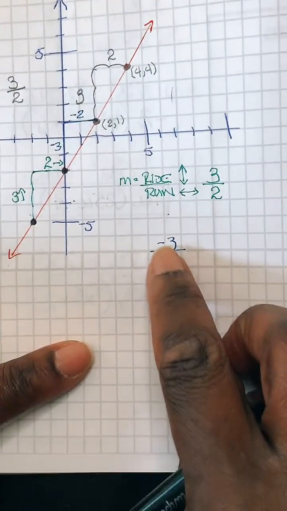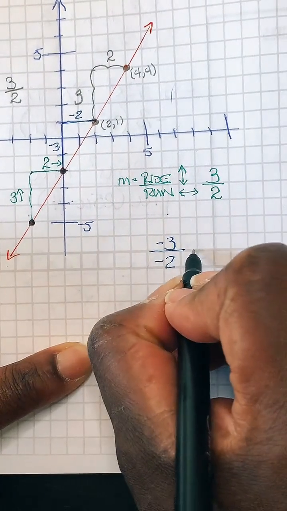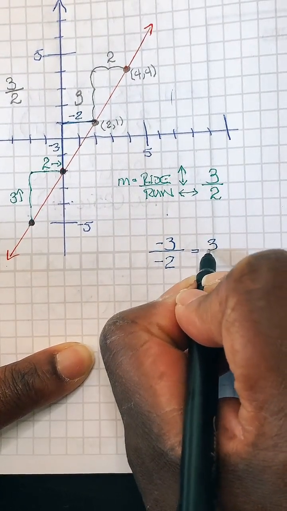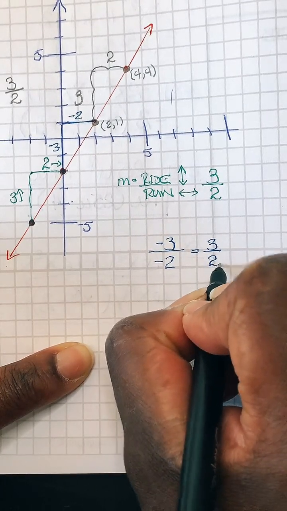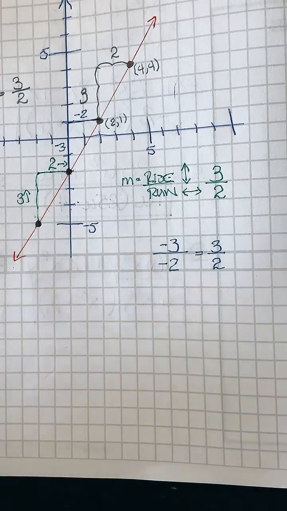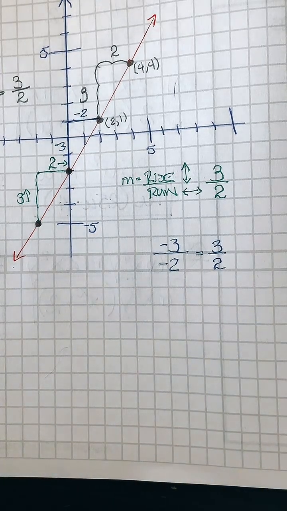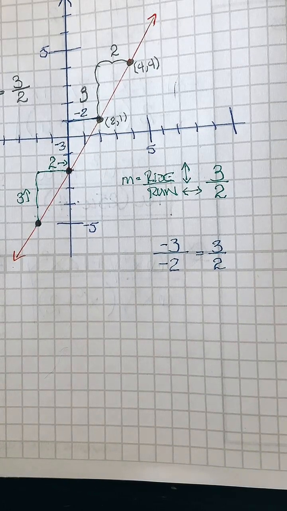And what's a negative divided by a negative? It'll still be a positive 3 over 2. So you get the same exact slope. You just might have to do a little more simplification than normal. Both are correct then. Yep.